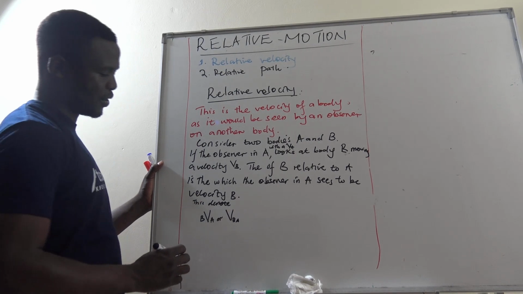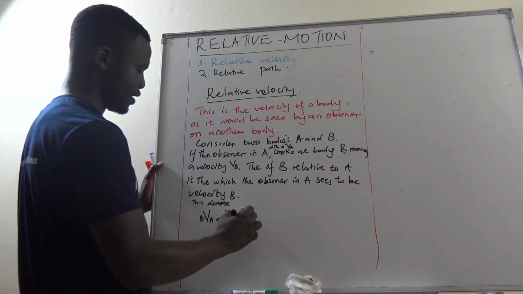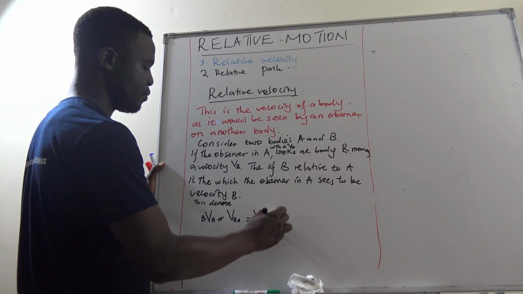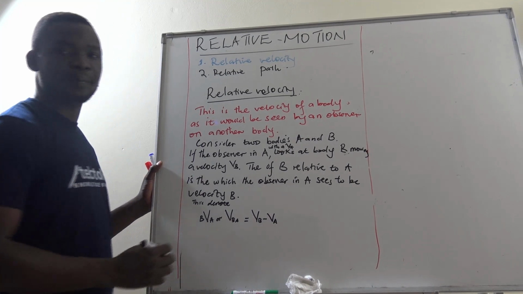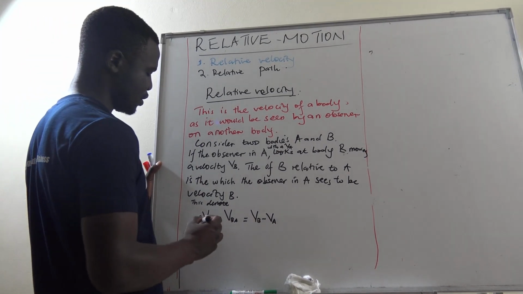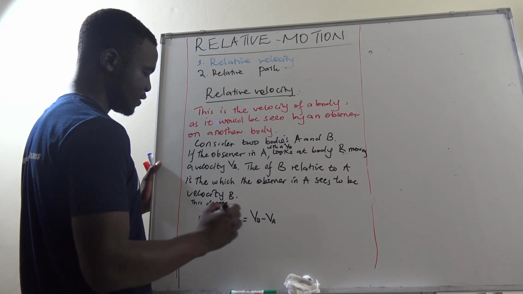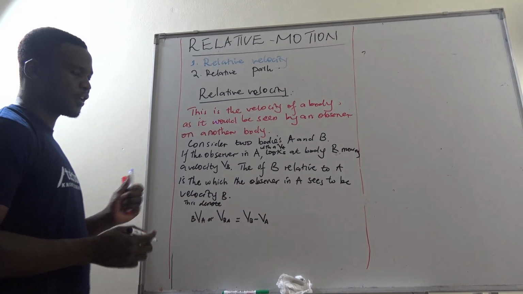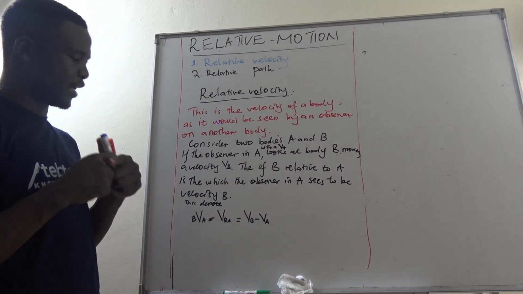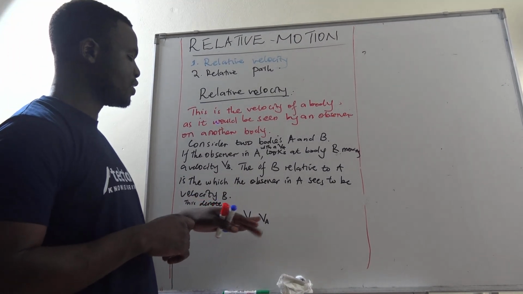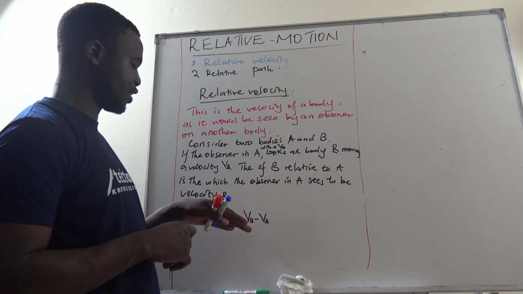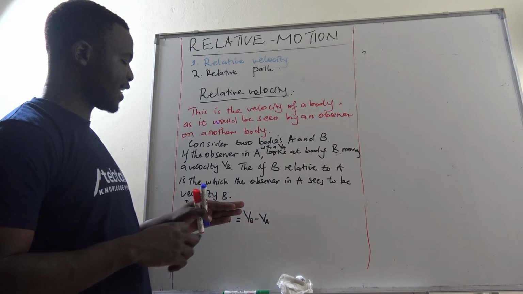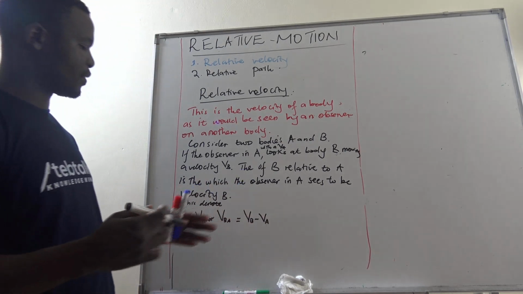Now, when we look at vectors, we know that this is the same as the velocity of B minus the velocity of A. That the relative velocity of B to A is the velocity of B minus the velocity of A. For example, if the observer in A was moving in the same direction as the person in body B, then the relative velocity is the difference between their velocities.